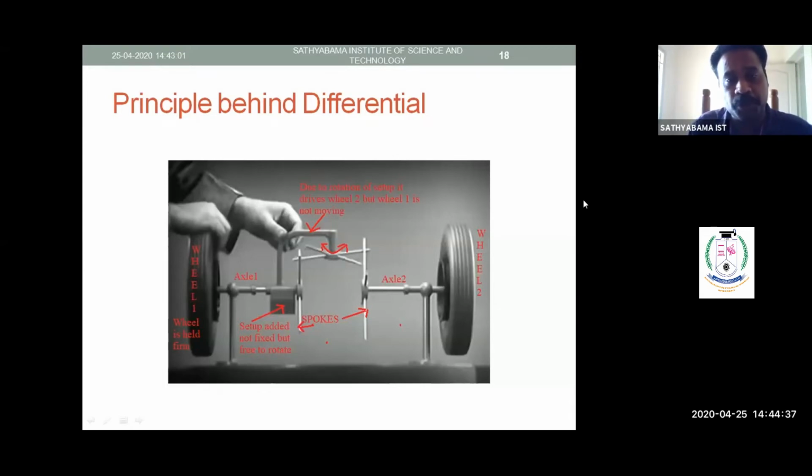It drives wheel 2 only, but wheel 1 is not moving. This happens while you are taking a left turn, and you can observe this principle in cars. While taking a right turn, the reverse phenomenon occurs: the brake will be applied on the right side wheel.